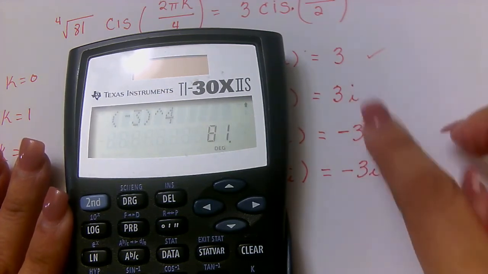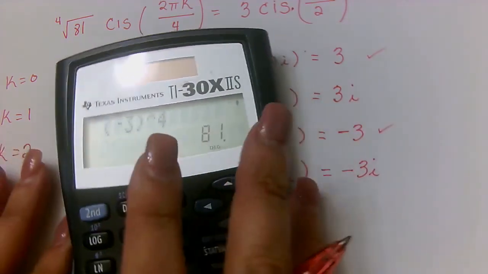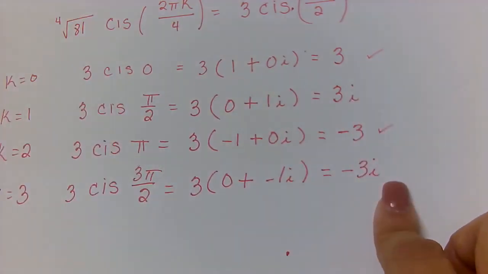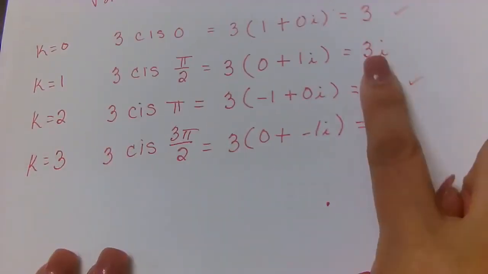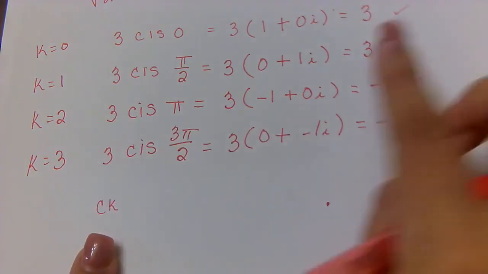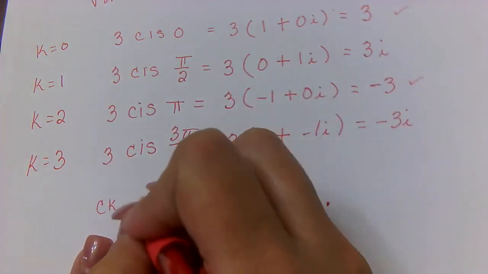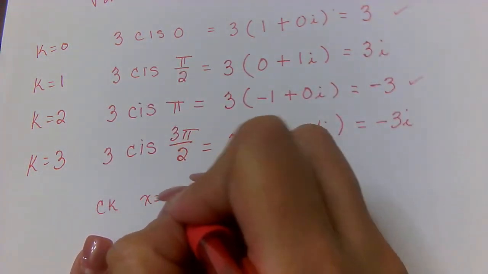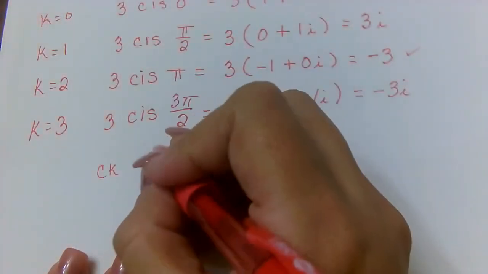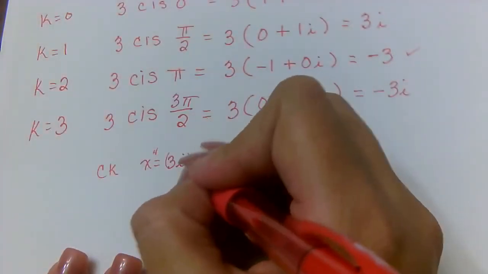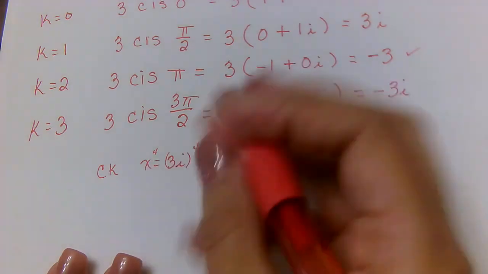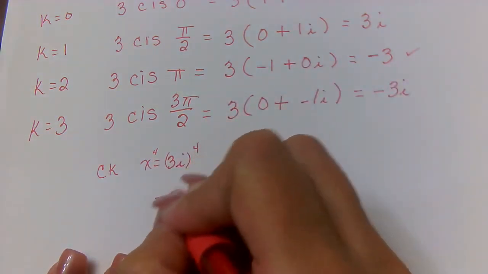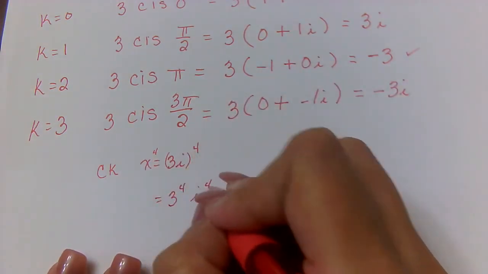I'm going to go ahead and look at these two, okay? Because these two you can't do on a calculator, but we can do it manually. I'm going to check 3i. Okay. So if I'm going to apply this to the 4th, what I'm basically doing is saying 3 to the 4th, i to the 4th.